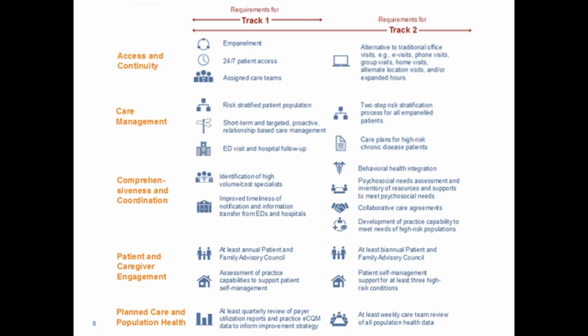If you're Track 1, then you're in this first column over here where you've got your 24/7 patient access, assigned care teams, short-term targeted proactive relationship-based care management. That was a mouthful. But anyway, you're in this first blue column here. Now, if you're in Track 2, then you are completing all of these things in both of the blue columns.